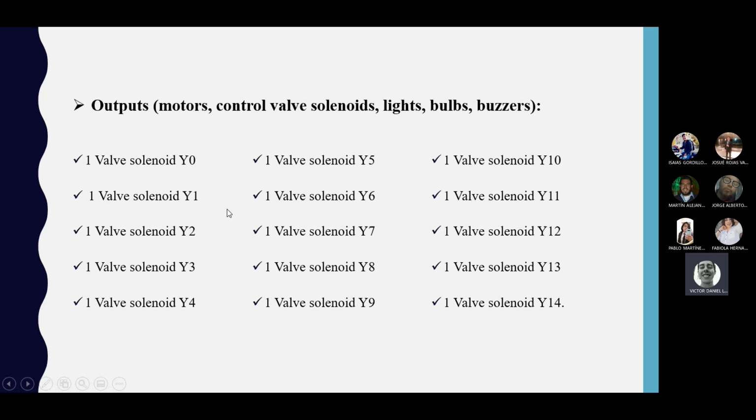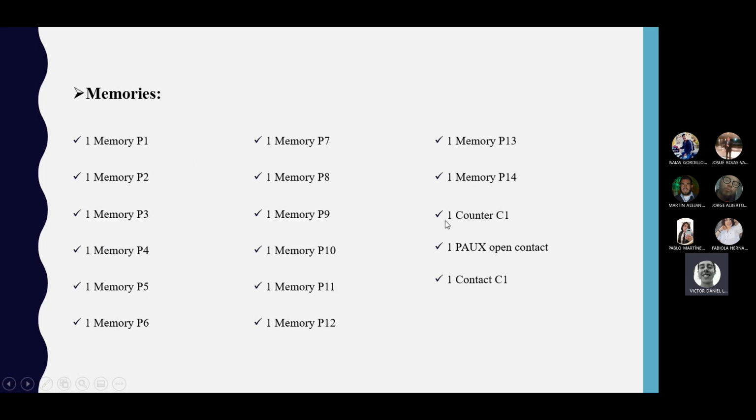We had our list of outputs right here. We had engines, solenoids, control, light bulbs, and then we had our memories, where we're going to see where they actually help us a little bit more.